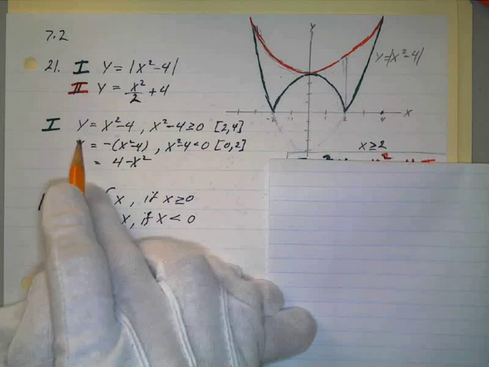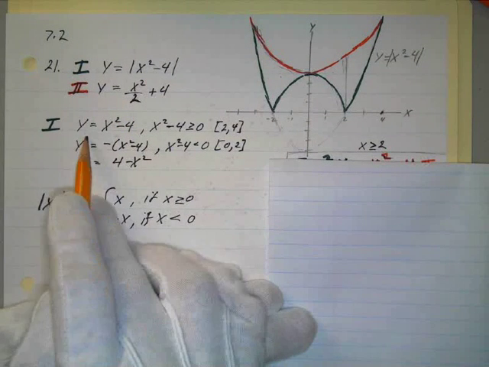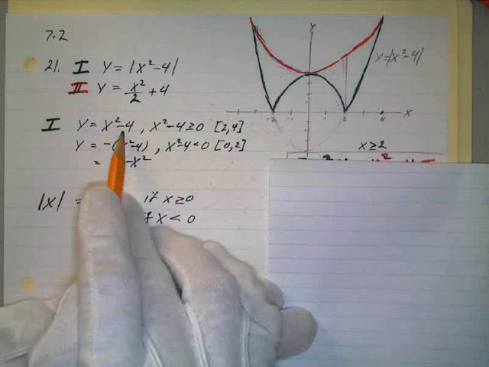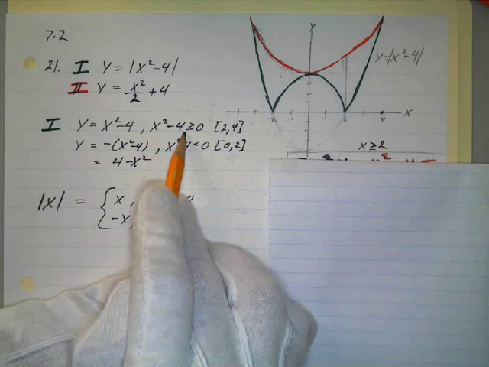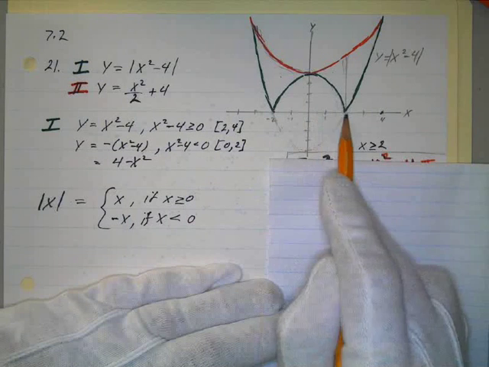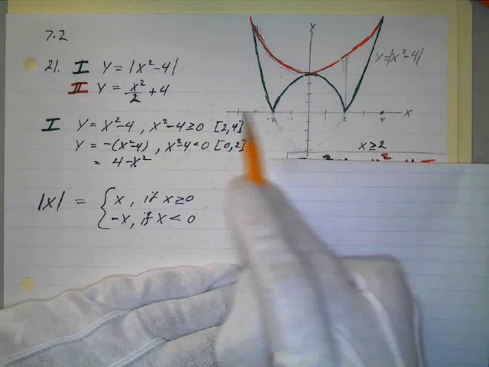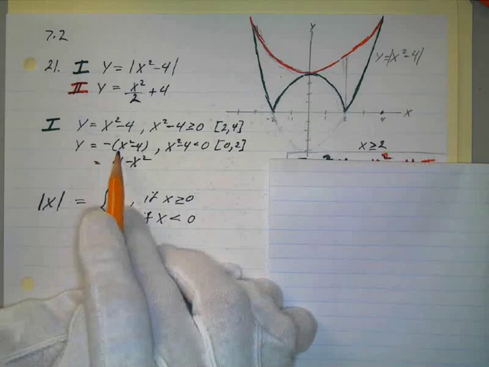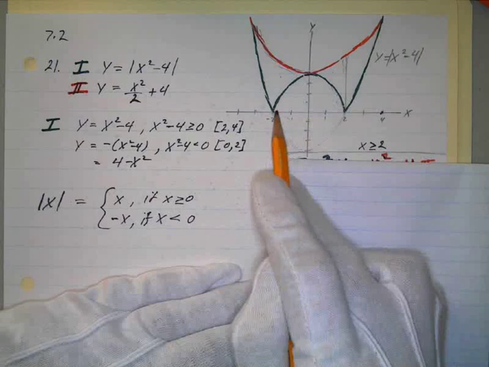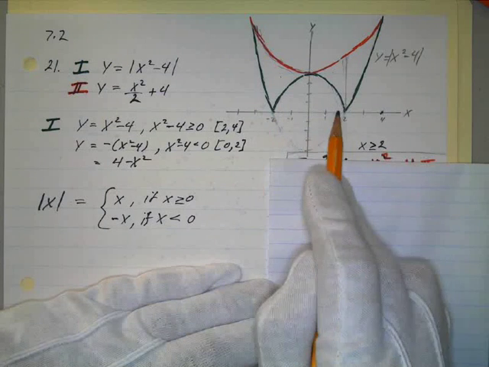So now we can define this absolute value as y equals x squared minus 4 when it's greater than 0. And if we look at our range here, that's going to be from 2 to 4, or from negative 2 to negative 4. And it's going to be negative that. Remember, if x is less than 0, that's over here when it's below. So it's negative that. That's what I've graphed.